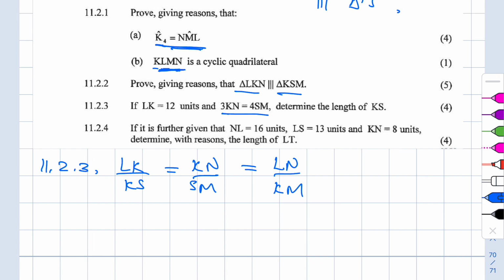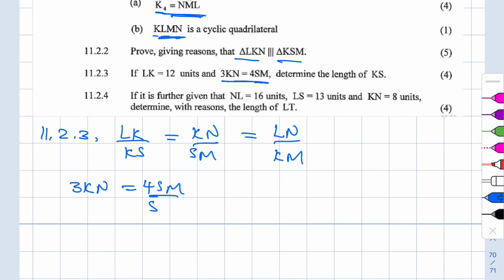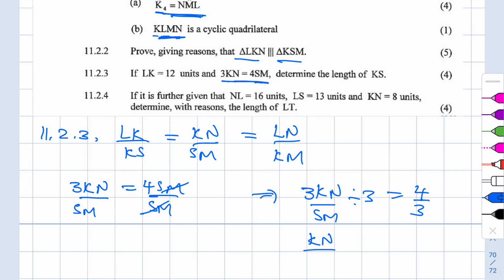Now let's try and solve for this. We have 3KN equal to 4SM. Let's divide by SM, then you are left with 3KN over SM is equal to 4. Then just divide by 3. You are left with KN over SM is equal to 4 over 3.